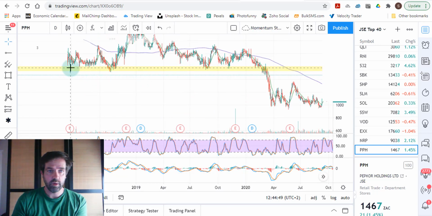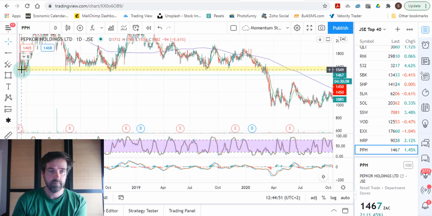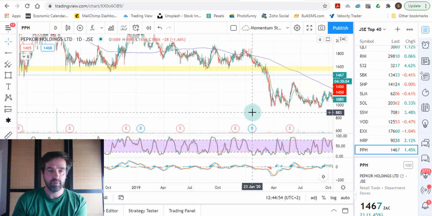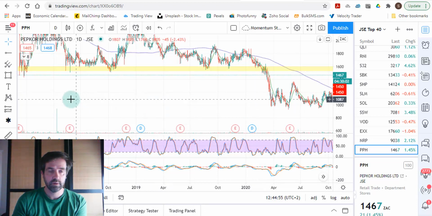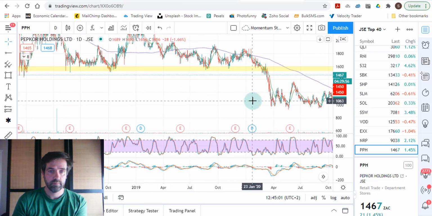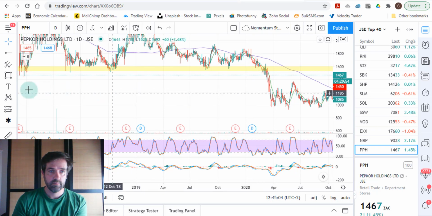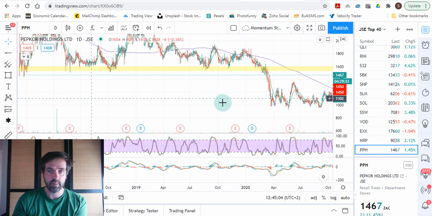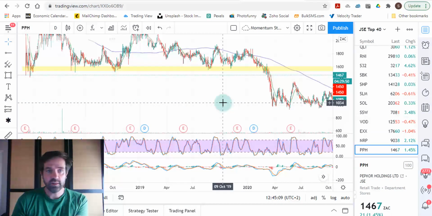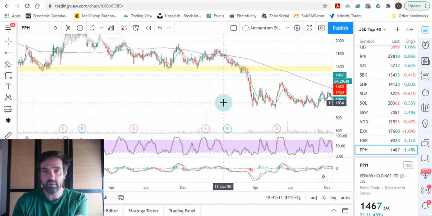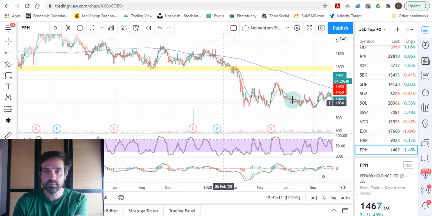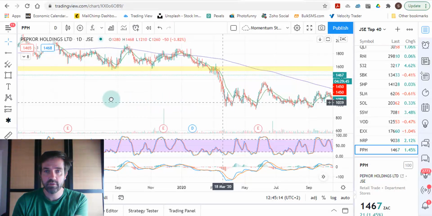I mean, these go all the way back to December 2017, probably further. Let's just have a look. It's not allowing me to go further back, but you can see they're strong resistance levels. Let's just get back to the front.